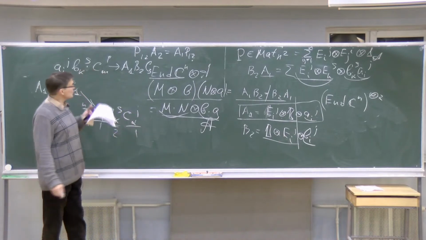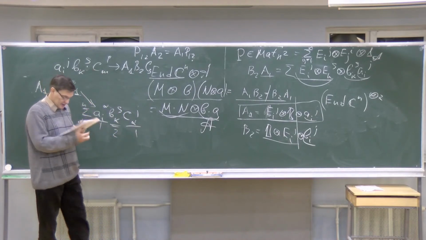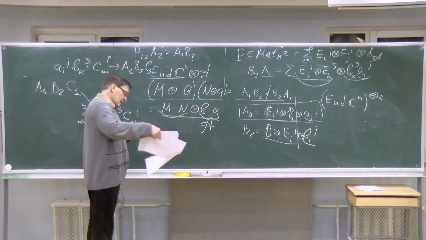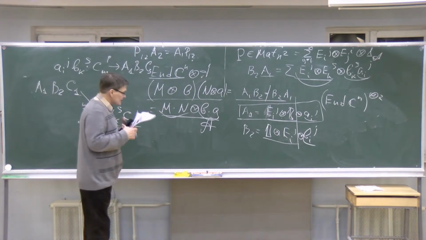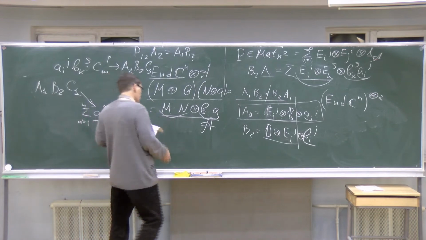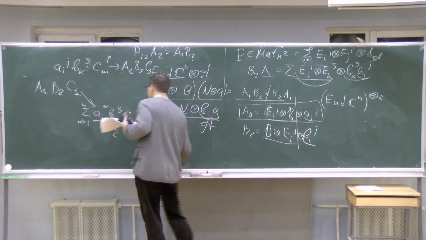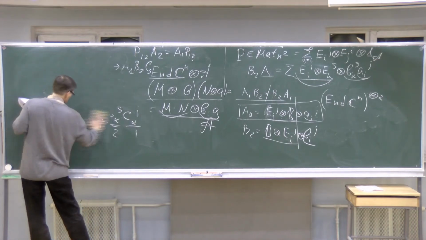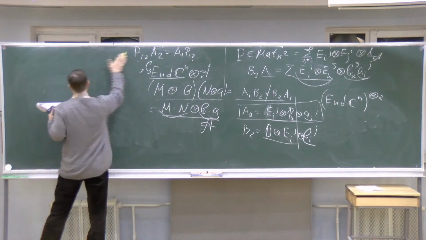It is a very important property, and I will use it in what follows. Then, after introducing such a matrix notation, we consider the algebra of functions on a matrix algebra.